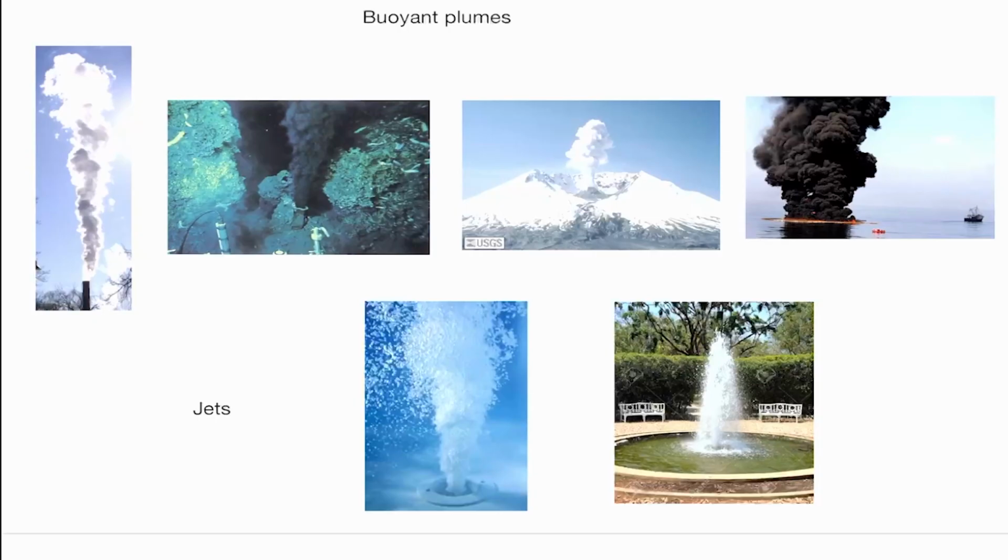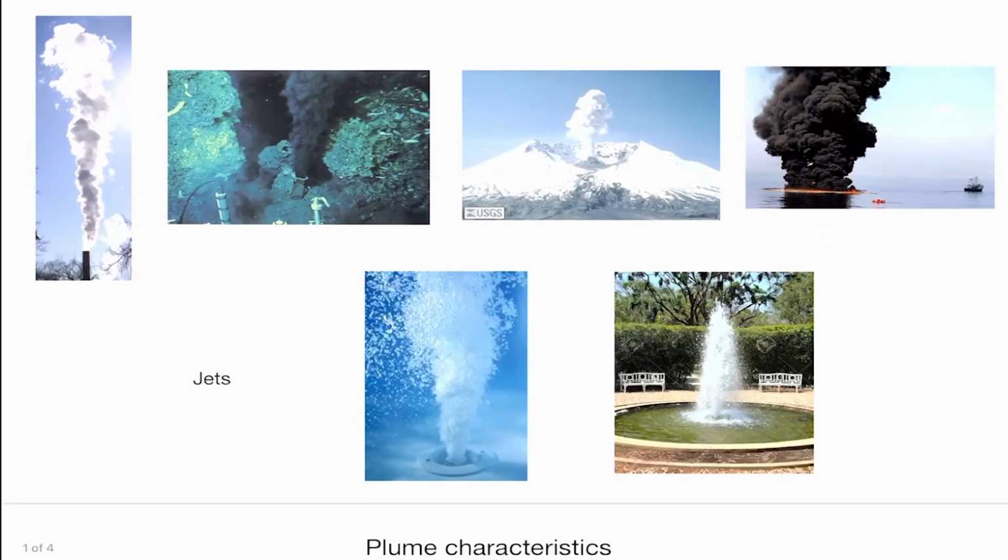There are several examples I'm considering, and what you see here, these are called plumes, the top four images, not the bottom two. So the first one here, you can call it a smokestack plume.